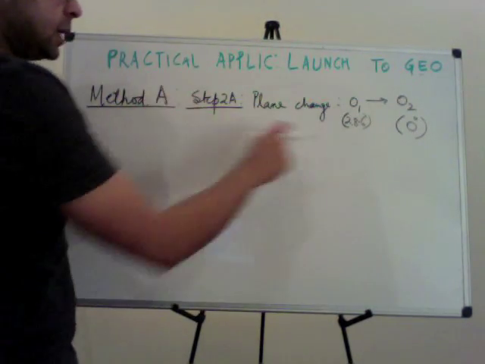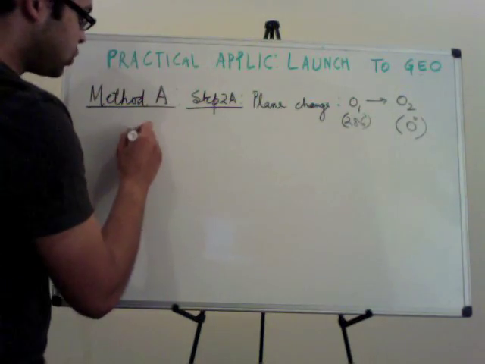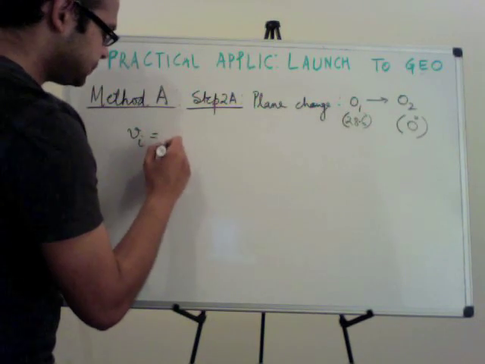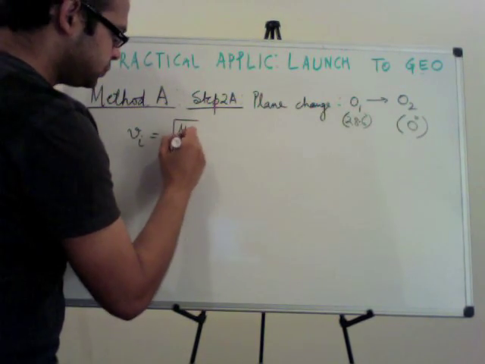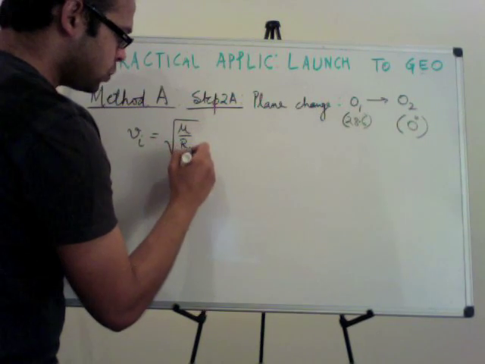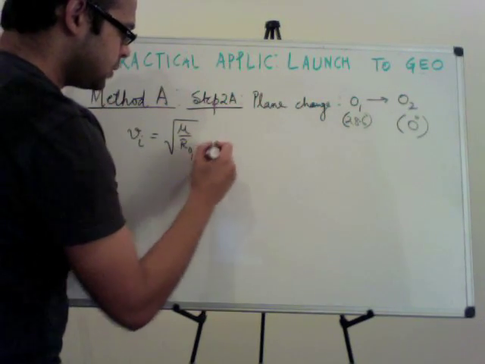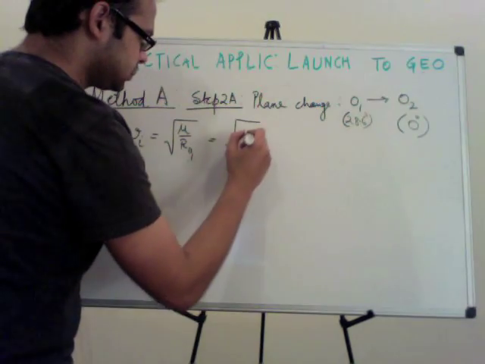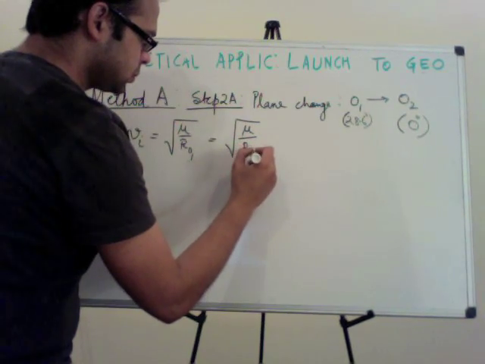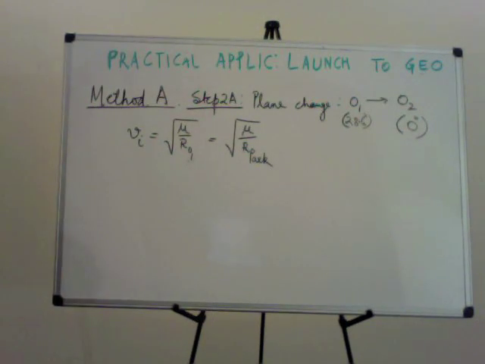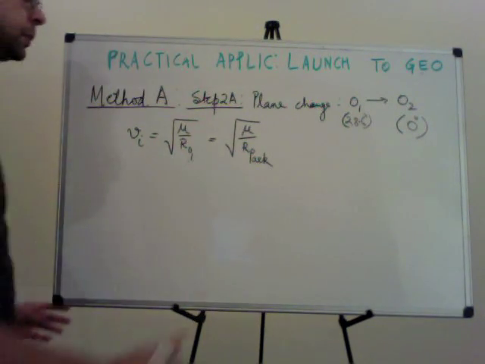The initial speed is the speed on O1. So Vi is square root mu over R_O1, which is the radius of the parking orbit.